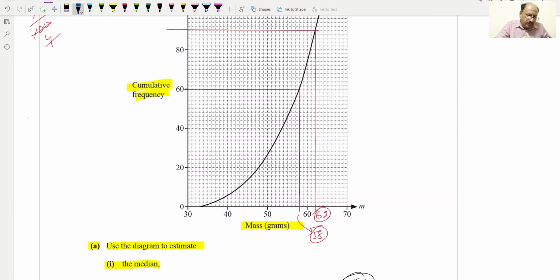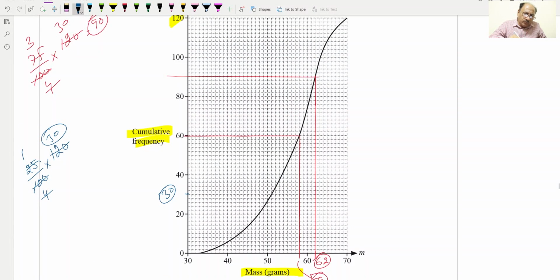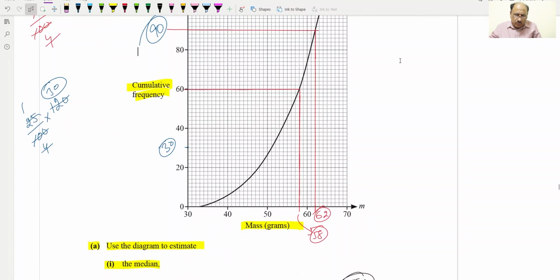For the lower quartile we'll be taking 25th percentile of 120, and this will be 1s are, 4s are, and 4 3s are, and this will be 30. So for the 30 we can check the reference, and 30 will be 1 2 3 4 5. This point will be 30, and this point was 90 reference. I'm just writing so that you should understand properly, and you can refer later on also.